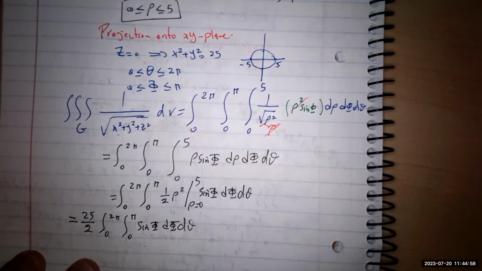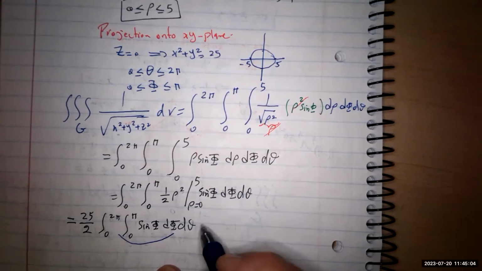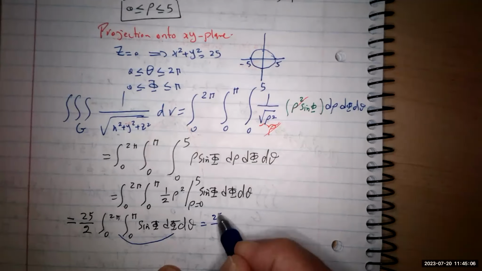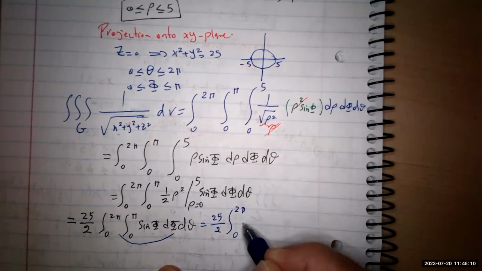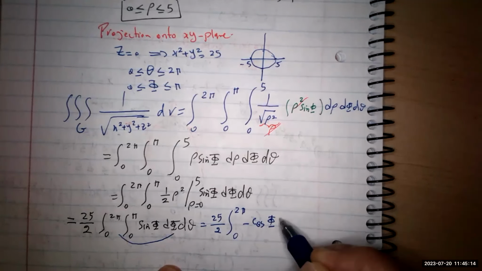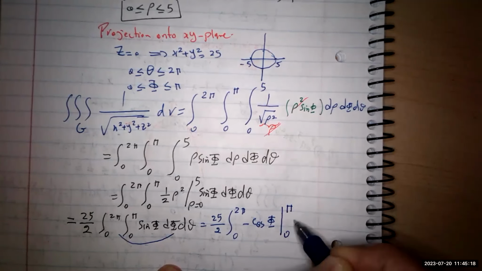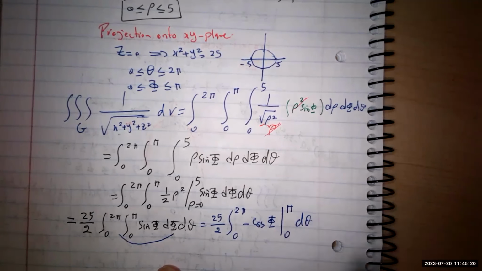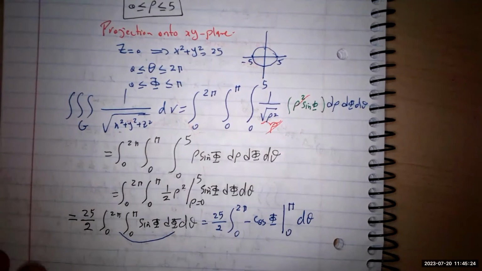Now we integrate with respect to phi. The integral of sine is negative cosine. So it's 25 over 2, 0 to 2 pi, negative cosine of phi evaluated from 0 to pi, and then d theta. You substitute, and you should get 2 here.